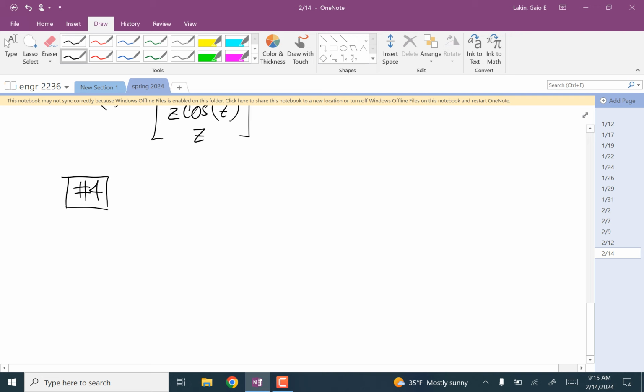But on number 4, that's the one like this, and you're given rotational quantities, angular quantities, and you have to calculate the acceleration of this point P. You could have made your life easier by choosing a coordinate system that somehow lines up with this.